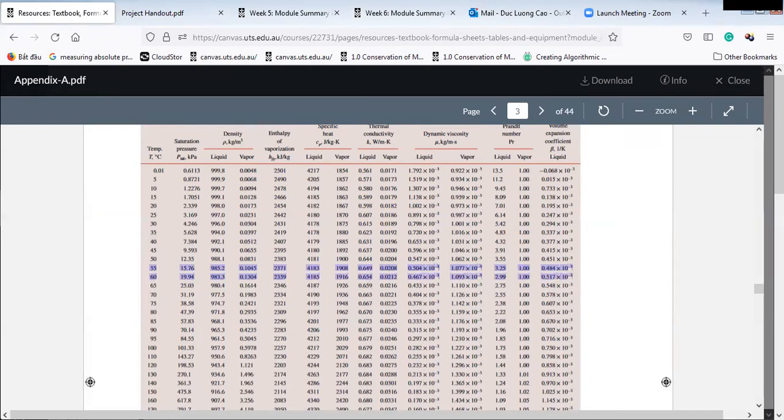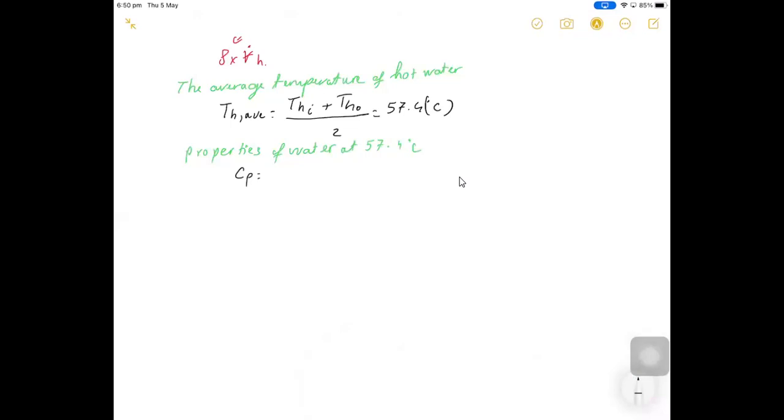Okay, use interpolation. And the properties you will have after using the interpolation: Cp here is 4184 joule per kilogram Kelvin, and you will have viscosity here is 0.486 times 10⁻³ kilogram per meter second.